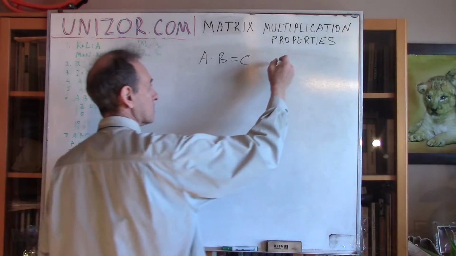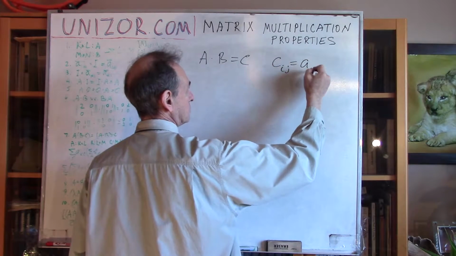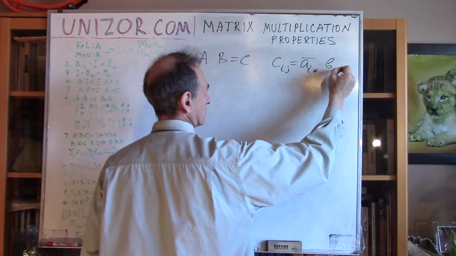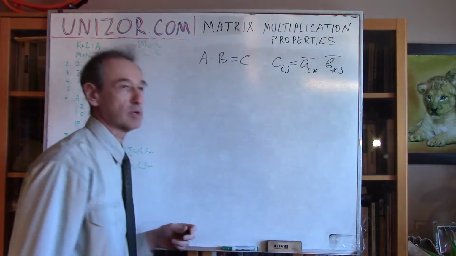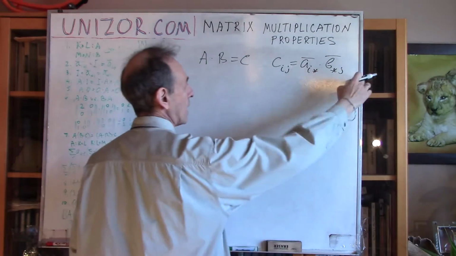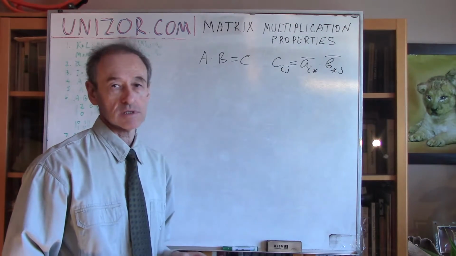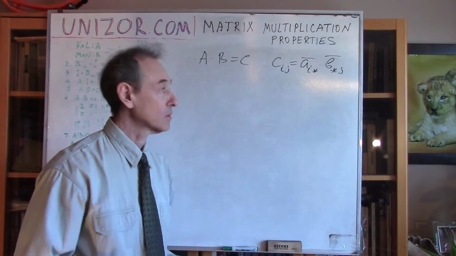Right? Because again, from the same formula, these are all elements which are equal to 0, and we sum them over all the different indices. So you sum zeros, you get 0.